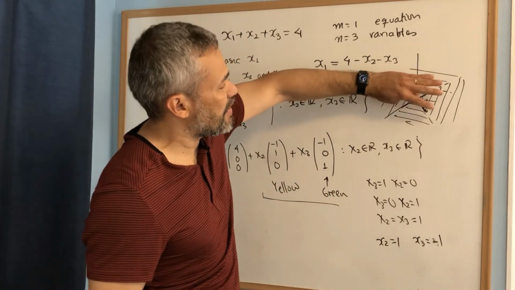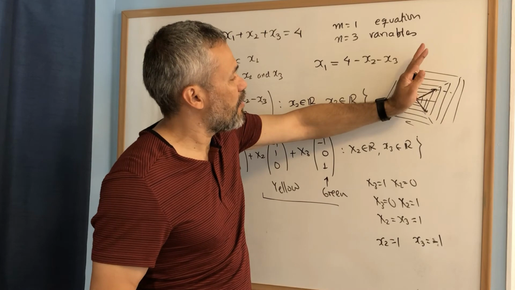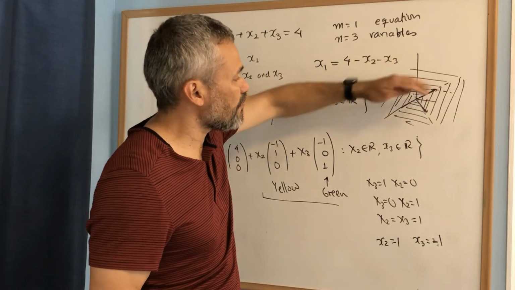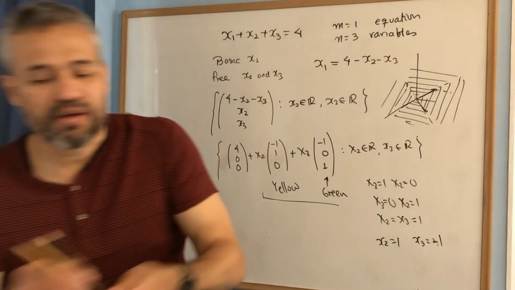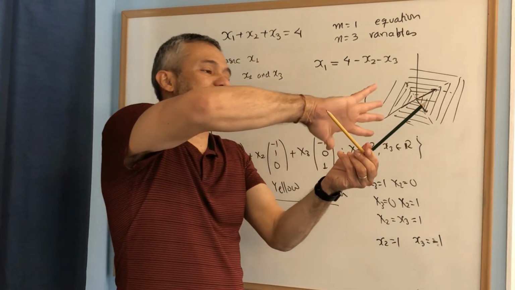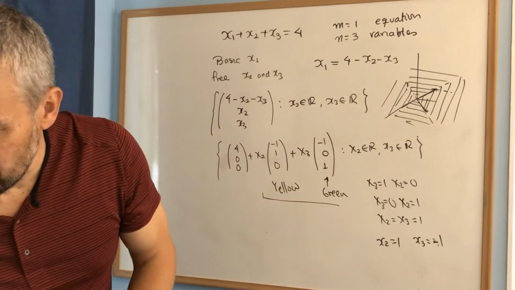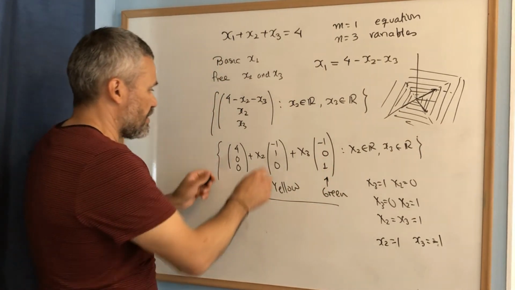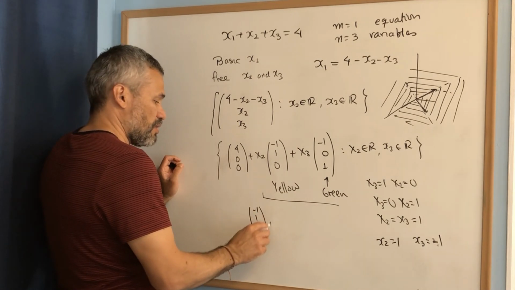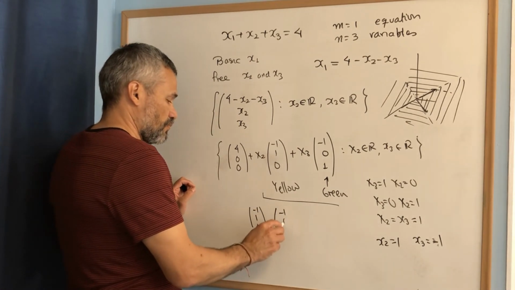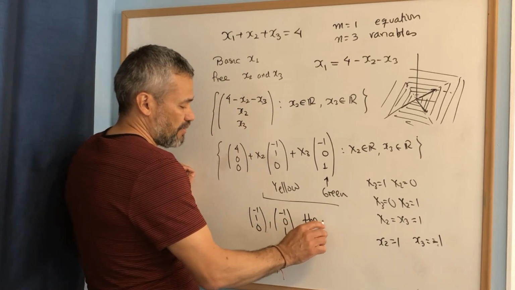Remember that this doesn't have to be the XY plane or the YZ plane. It's just the plane that rests on these two vectors. In this case, we're going to call these two vectors the generators of the plane.